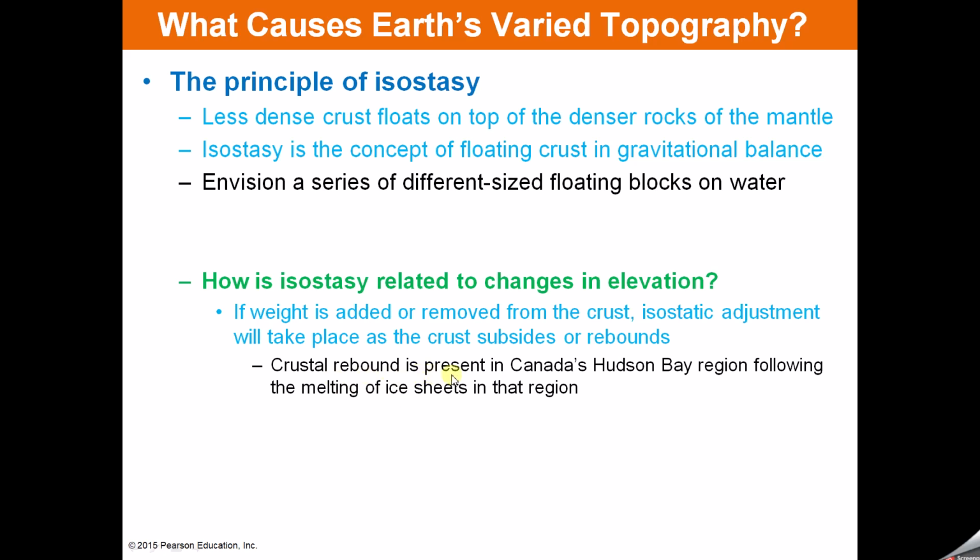Crustal rebound is present in Canada's Hudson Bay region following the melting of ice sheets in that region. So when there was ice above that region, the region just subsided down due to the weight of the ice, and then after the ice melted away, the land just rebounded or uplifted up again.